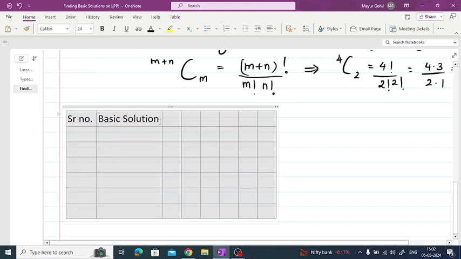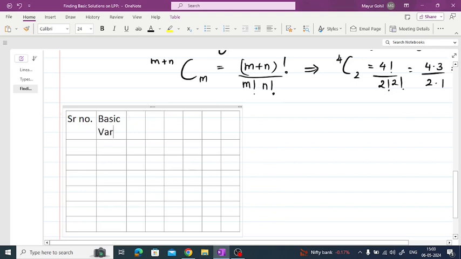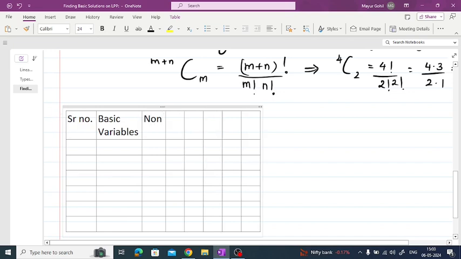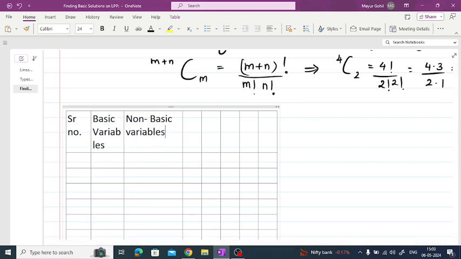Then the basic variables, then we will need the non-basic variables.